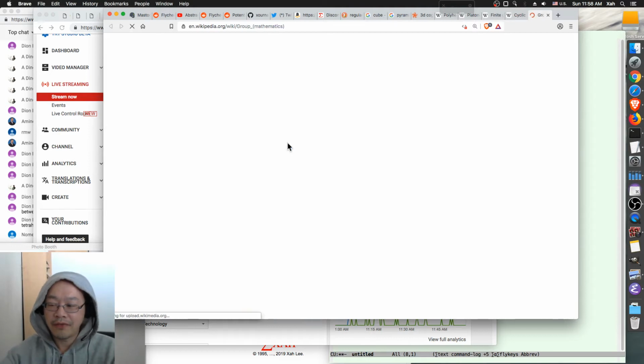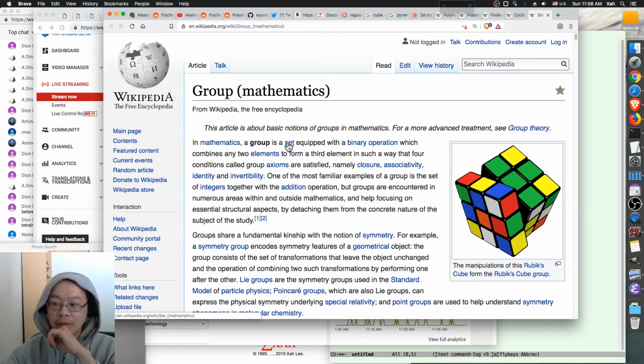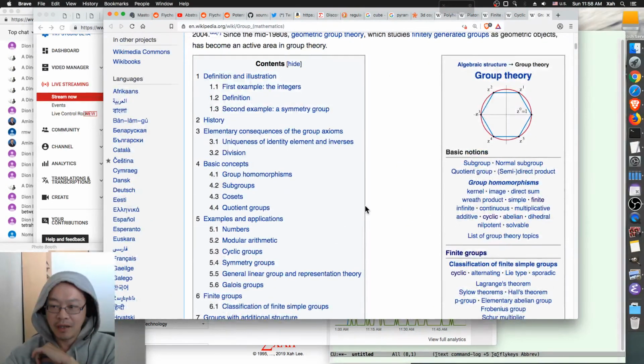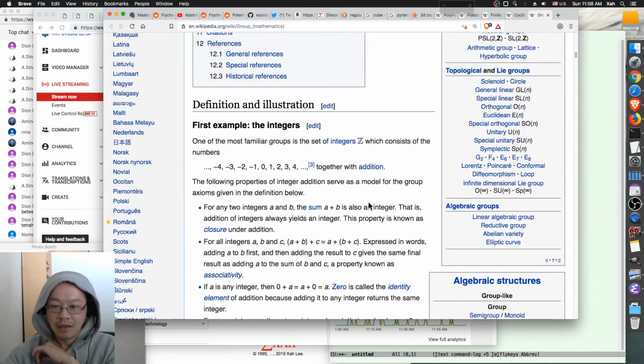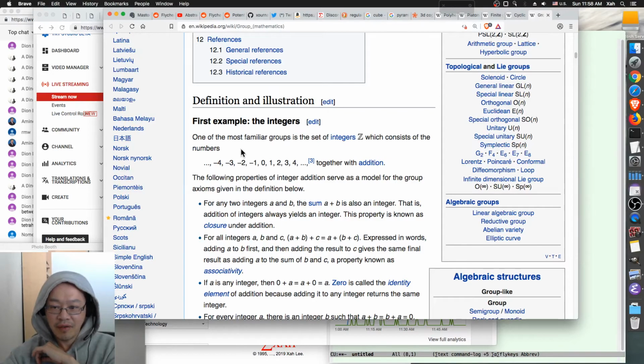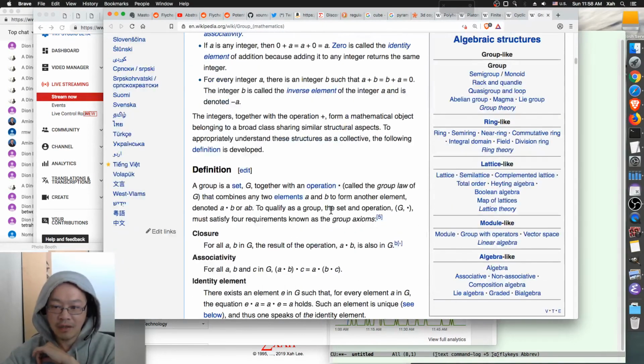Let's find the definition of a group. Okay, here is some introductory discussion about groups, so you can read about it in Wikipedia. It tries to give you some illustrations and a definition.